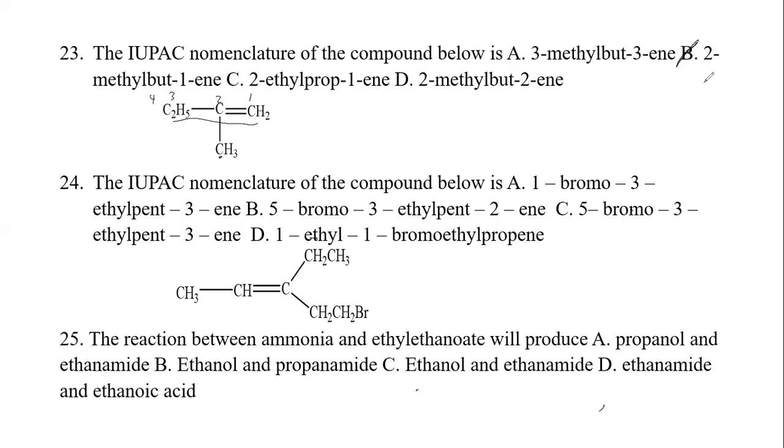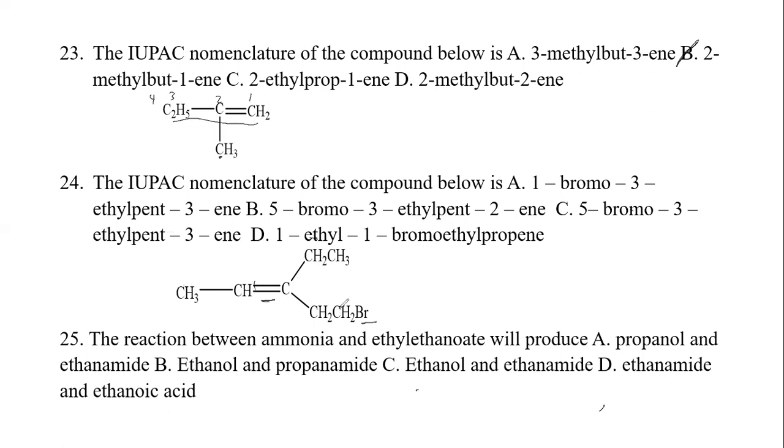Question number 24 says that the IUPAC nomenclature of the compound below is what? Now, when you look at this compound, it has 2 functional groups, the bromo functional group and the alkene functional group. So in your carbon numbering, it must involve these 2 functional groups.